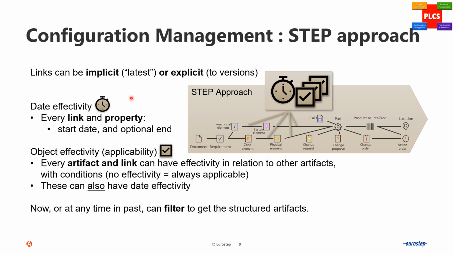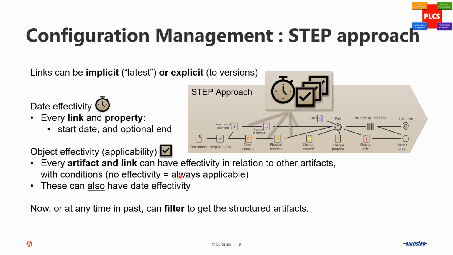There is then object effectivity, which is also known as applicability, which is this little tick icon. Every artifact and every link can have an effectivity in relation to other artifacts. And these can also have conditions. If there is no object effectivity, it implies that it's always applicable.